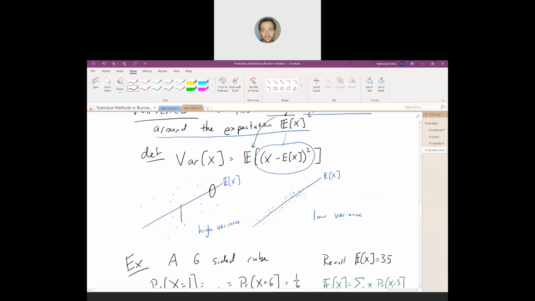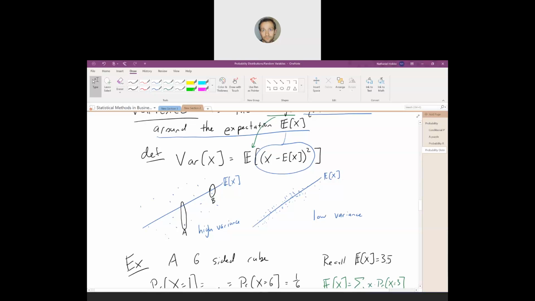Take these two points, A and B. B, let's say it has a distance of 1 from the expected value. Then squaring that is still just the number 1, right? So if this distance is 1, then that squared is also 1.